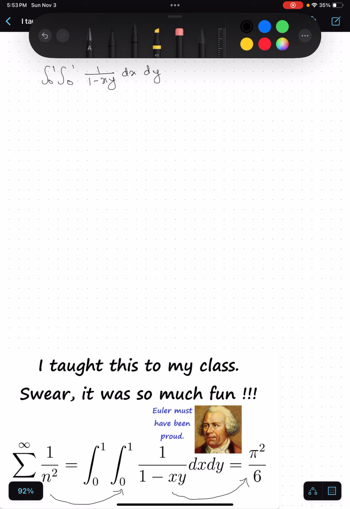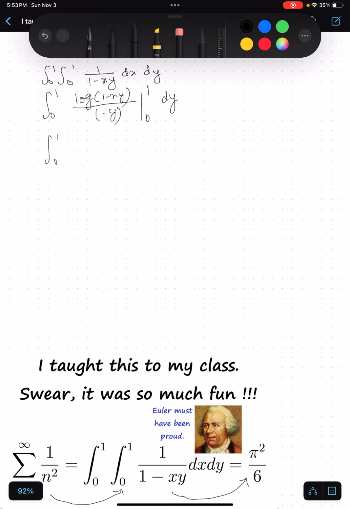If you try to integrate it, you will get it in terms of log, since it's in terms of x: log of 1 minus xy divided by minus y, from 0 to 1, times dy, right? Now integral from 0 to 1.